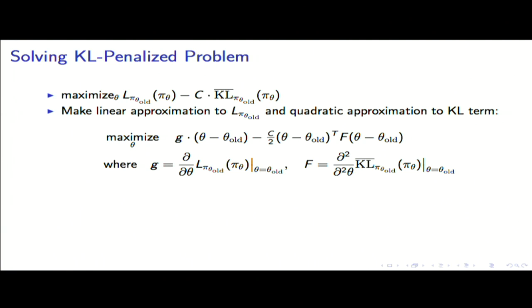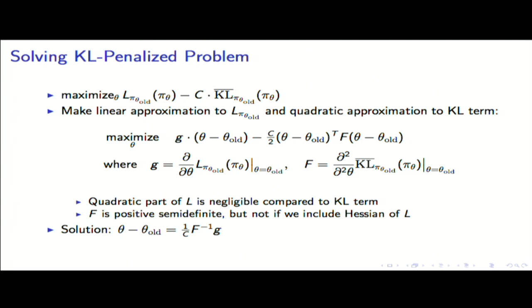But it's minimized when the KL divergence is 0, which is at theta equals theta old. So there can't possibly be any, so it has to be positive semi-definite. Okay, we're going to ignore the other terms.